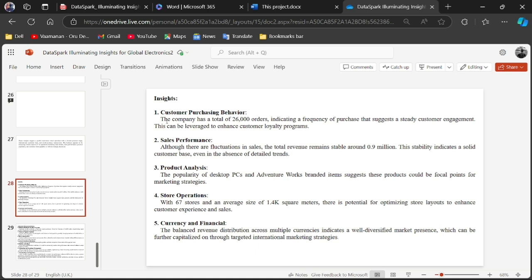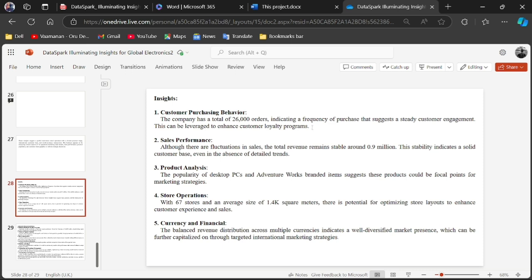The company has a total of 26,000 orders, and the frequency of purchase suggests steady customer engagement. That means the products sold by the company total 26,000 orders.